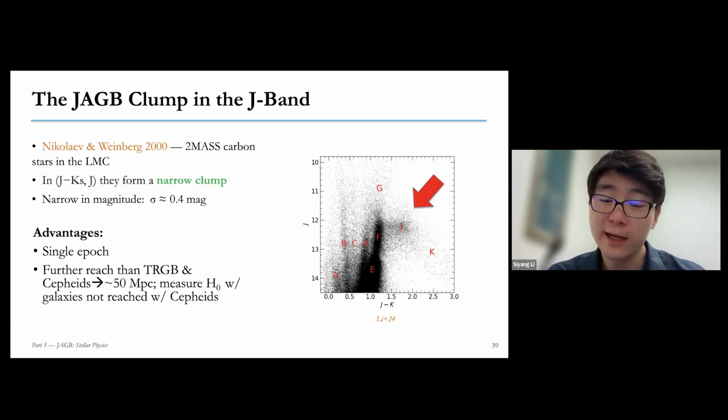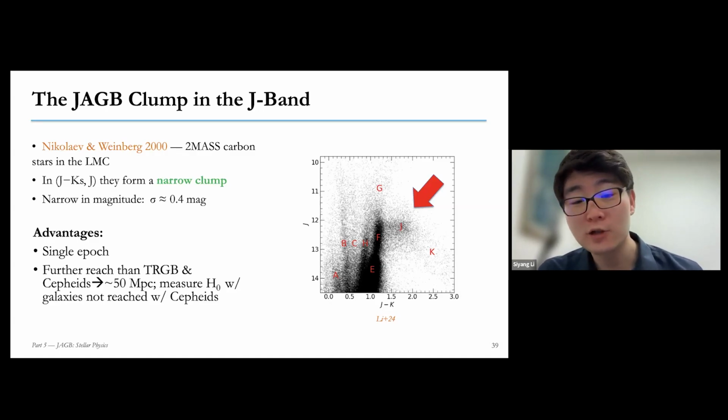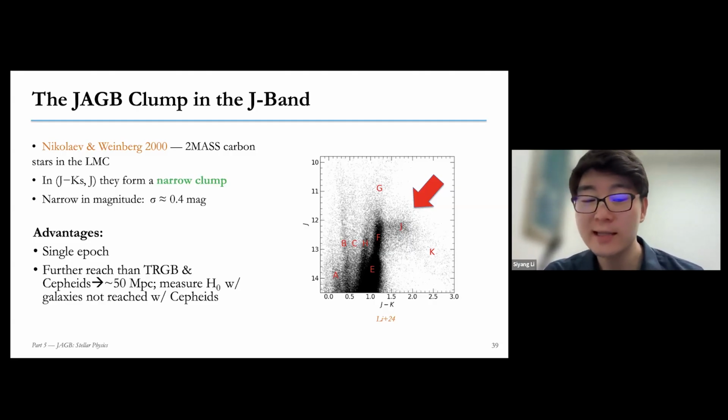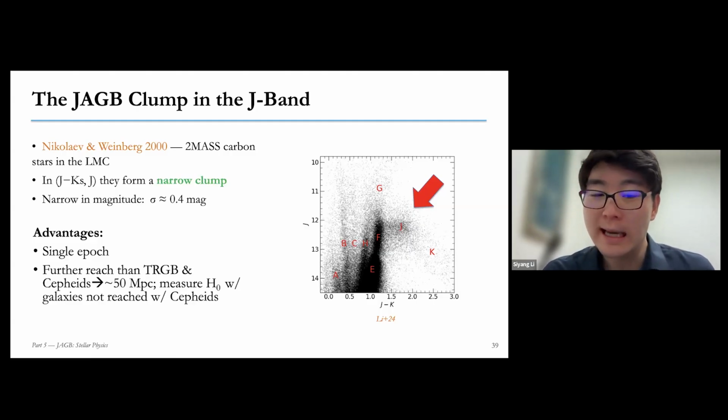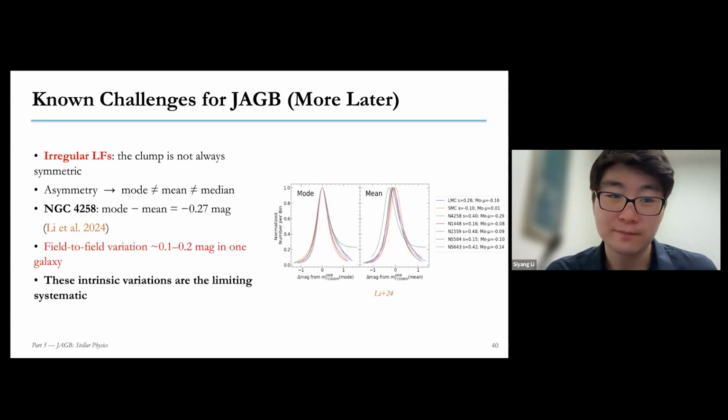So the goal is that if we can reach further with the JAGB, we can really start measuring H naught using galaxies not reached with Cepheids before, also expand the Type Ia supernova calibration sets, and really test the distance ladder in ways that we haven't been able to test it before with Cepheids and TRGB. That also motivates a lot of the recent work in investigating the systematics of this method, and seeing what Hubble constant arises when you apply it.